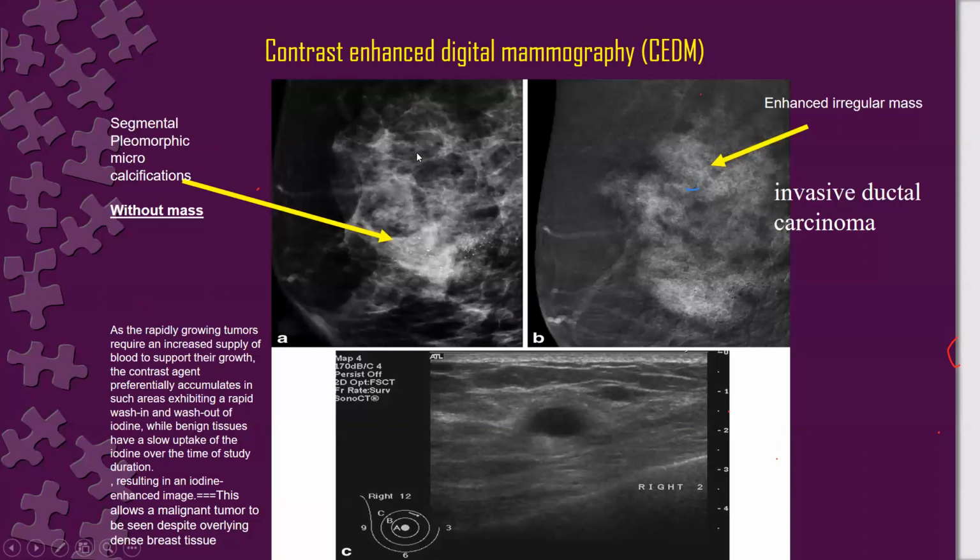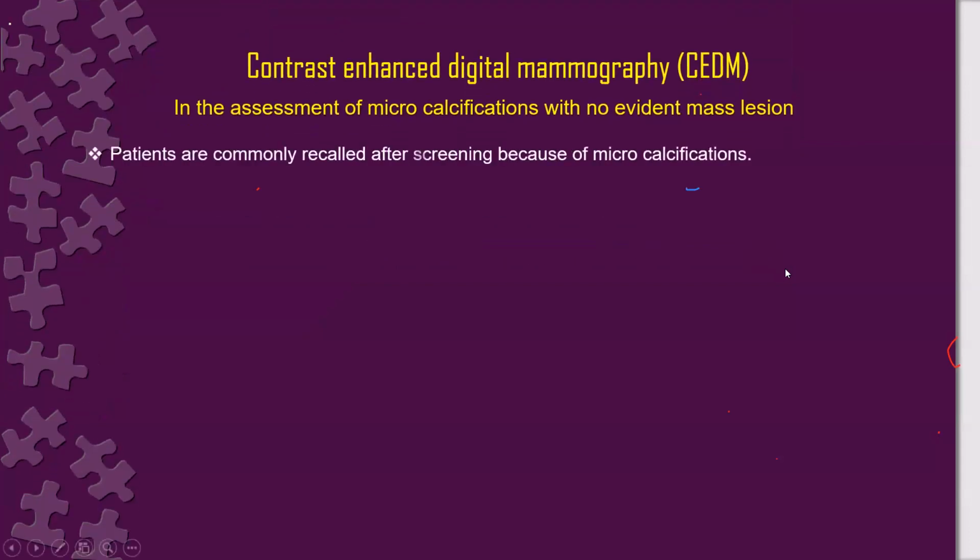In this case, we have pleomorphic calcifications in segmental distribution associated with asymmetry, but no underlying mass. Ultrasound was not impressive, but the contrast enhancement demonstrates a large irregular enhancing mass with irregular margin in a case of invasive ductal carcinoma.